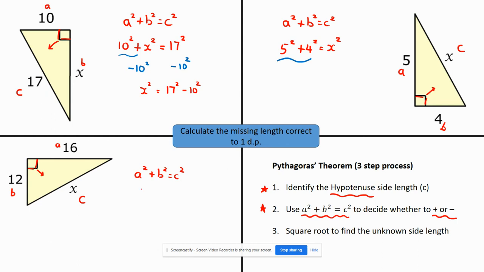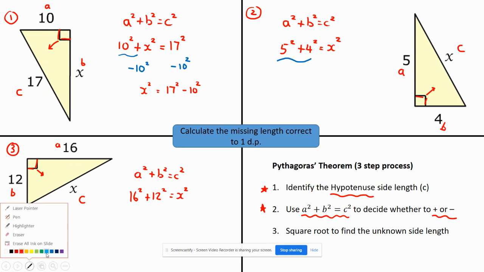Again, replace the letters with the appropriate values. So decide to yourself, is this more similar to question 1 or is it question 2? So look at question 3. Which type of method does it look like, 1 or 2? If you said it's more like question 2, you're right, because look, all we've got to do is add together 16 squared and 12 squared, and that'll get us the value of x squared.